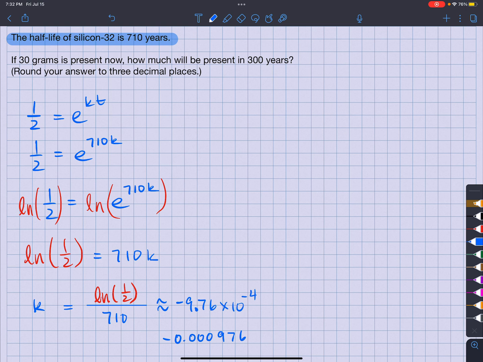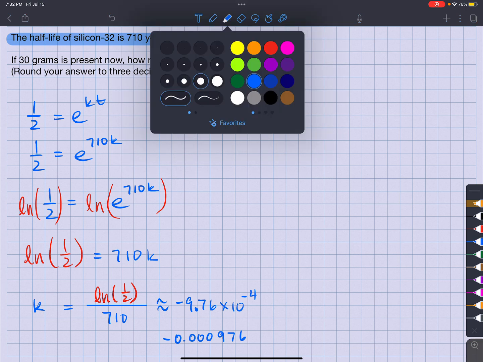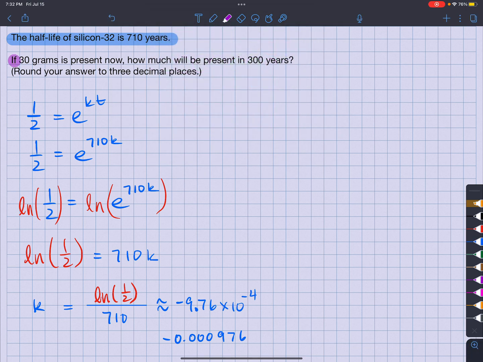So now that you know the rate, what if I started off with 30 grams? How much would be present in 300 years?